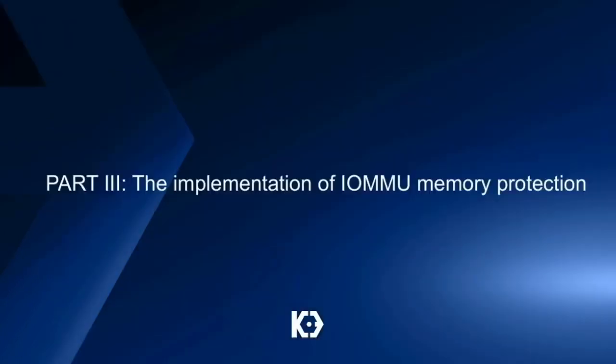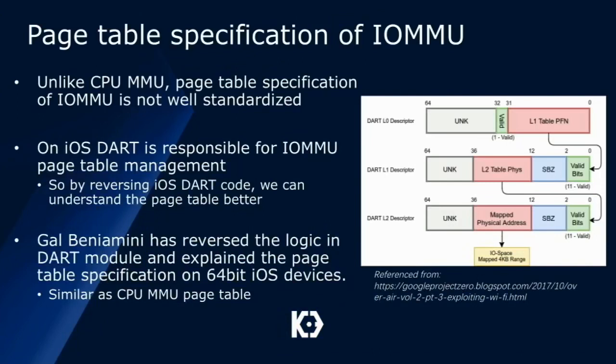Okay, so the next part I will cover is the IOMMU memory protection. Similar to the system MMU page table, the IOMMU also needs a page table specification. However, unlike the CPU MMU, the page table document for the IOMMU is not available.